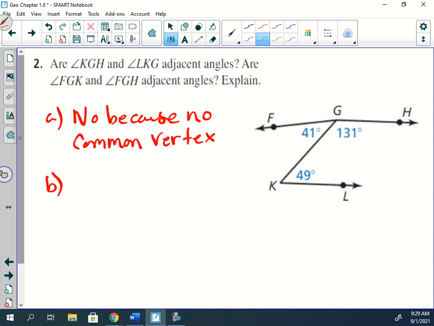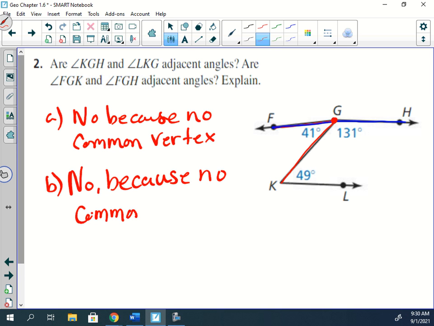Now the second set it asks about are FGK and FGH. So they do carry a common vertex, yes? No, because no common side.